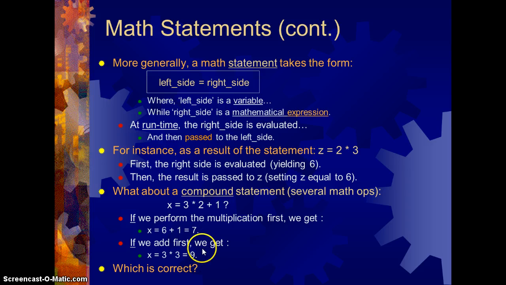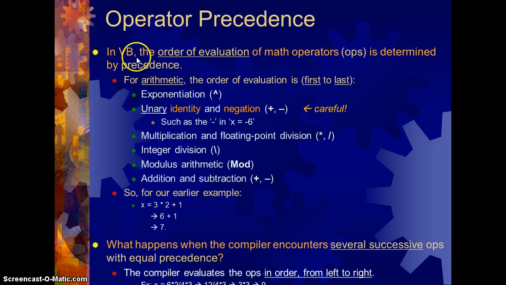He says, which one is correct? In Visual Basic, the order of evaluation of math operators is determined by precedence. In other words, we just make a rule that we're going to do certain operations first, and that's called operator precedence.